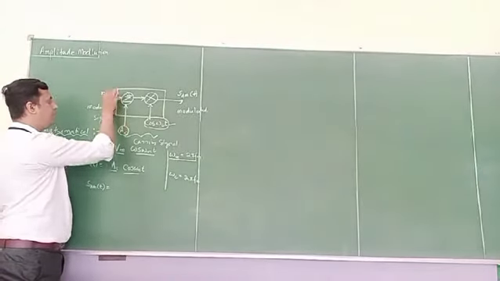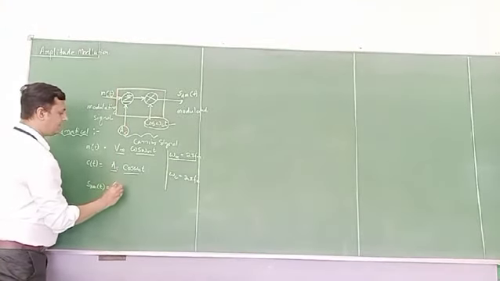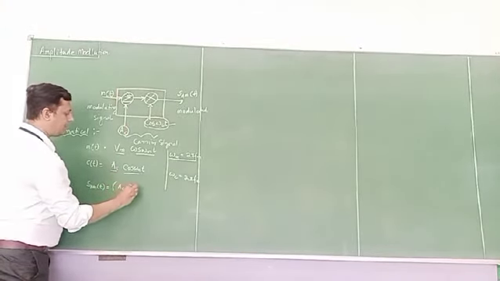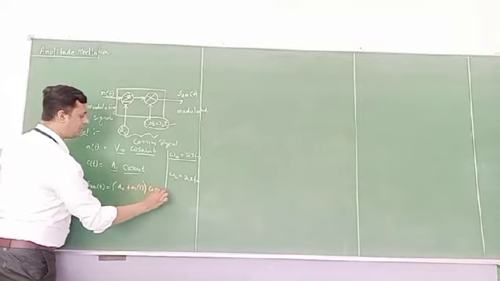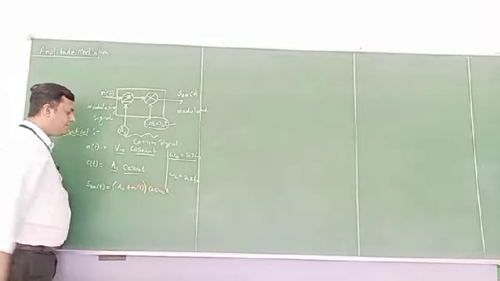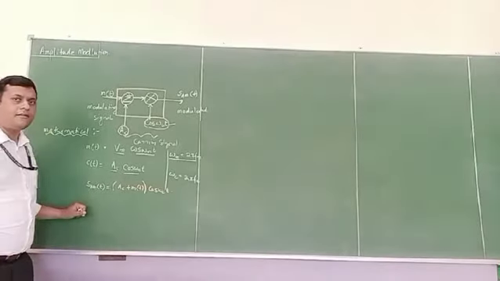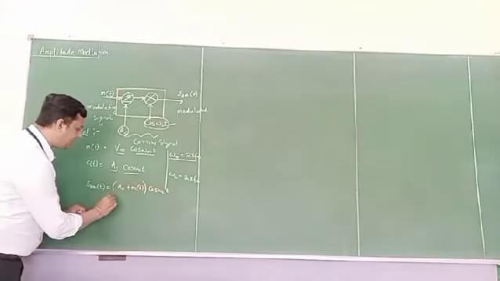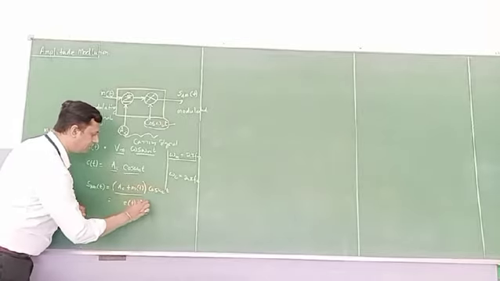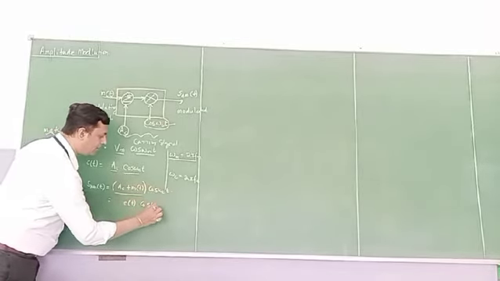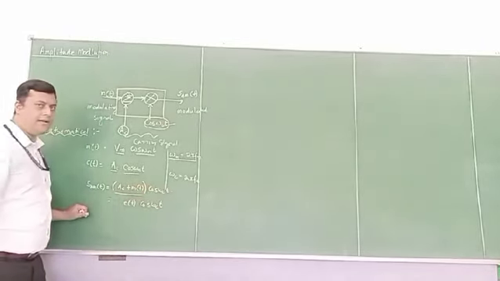With respect to modulating signal. So here I will write AC plus m of t into cos omega ct. So this is my modulated signal, as well as this whole thing I have written as envelope E of t cos omega ct.